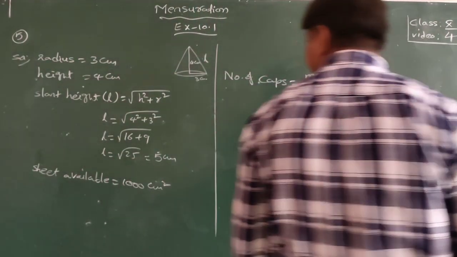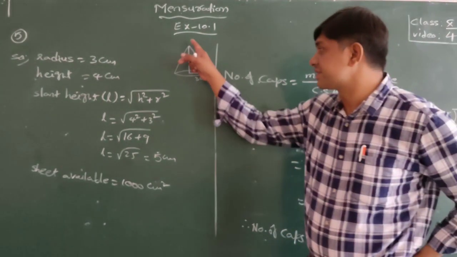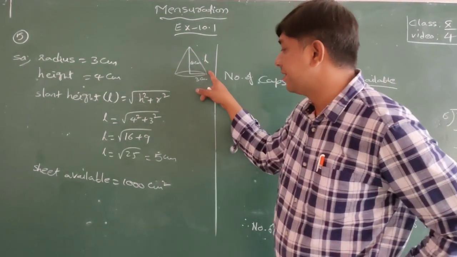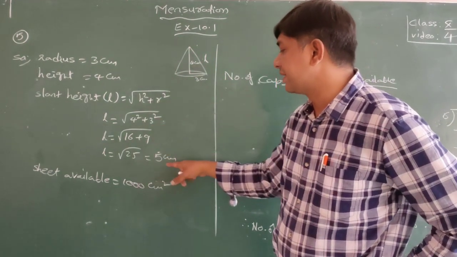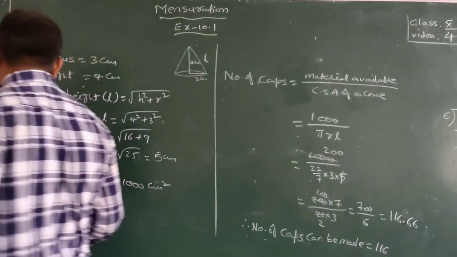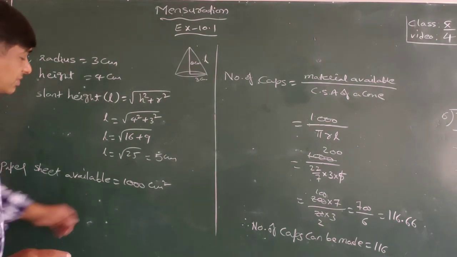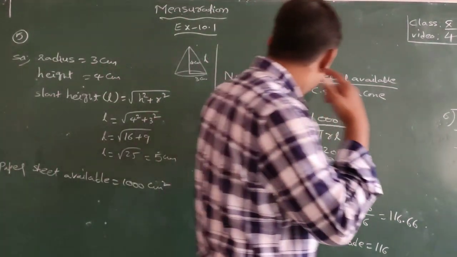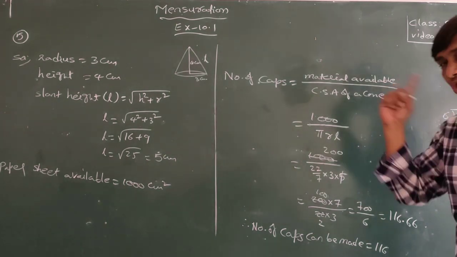Radius is 3 cm and height is 4 cm. First slant height. L is equal to root of h square plus r square, equal to 5 cm. Paper sheet available is equal to 1000 cm square. Now number of caps is equal to material available by CSA of a cone.